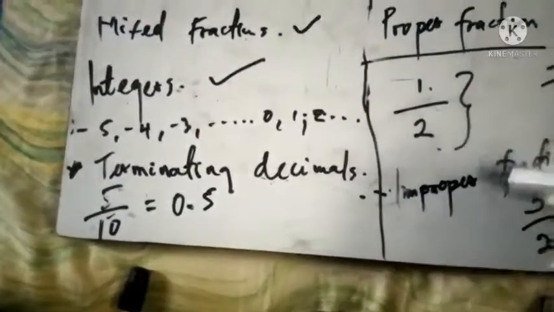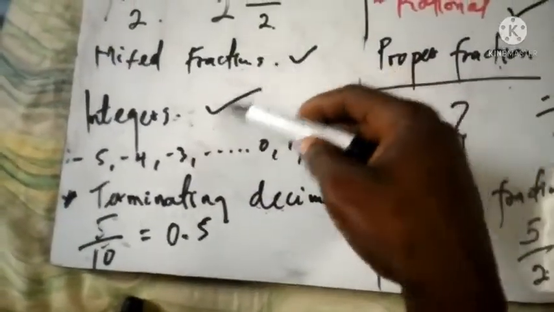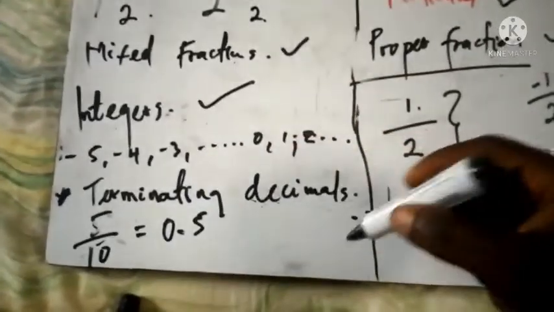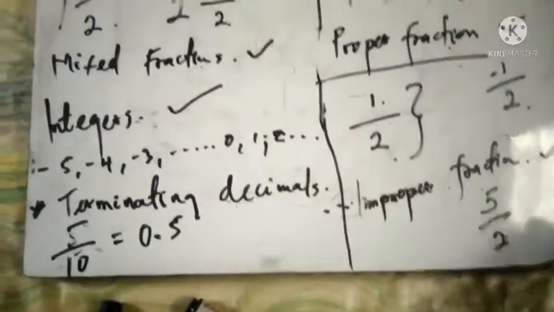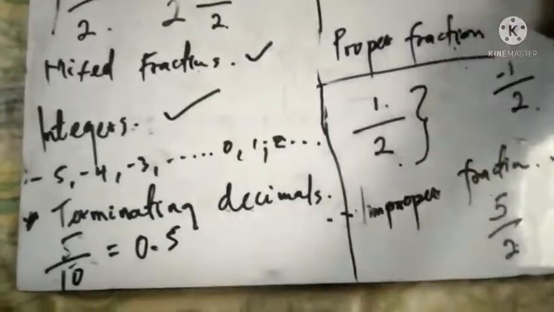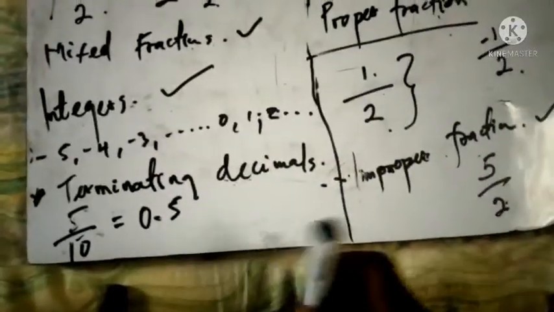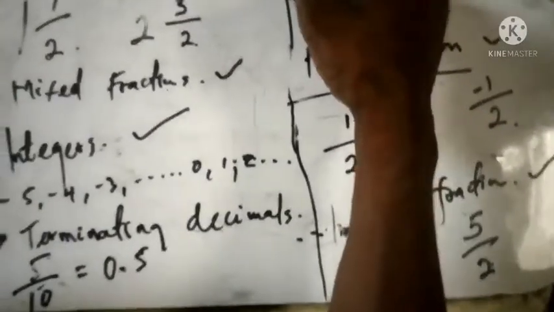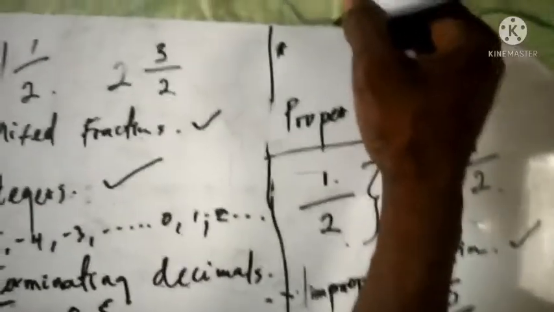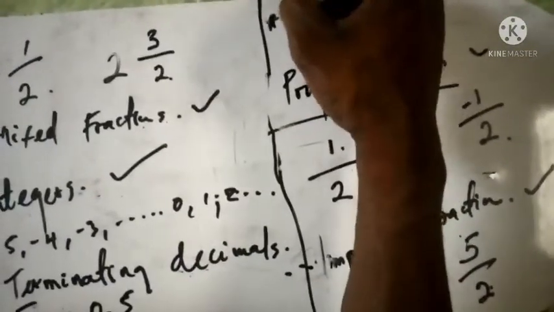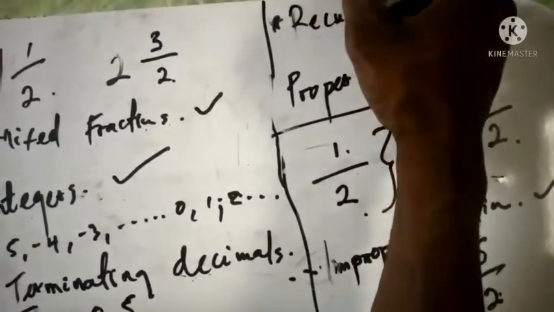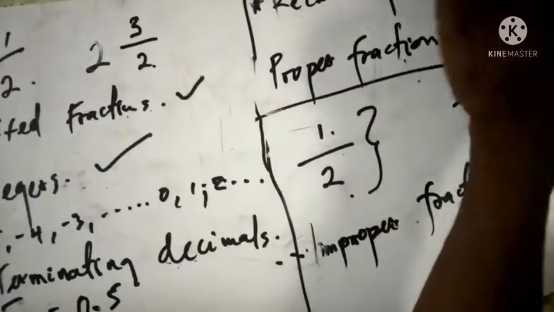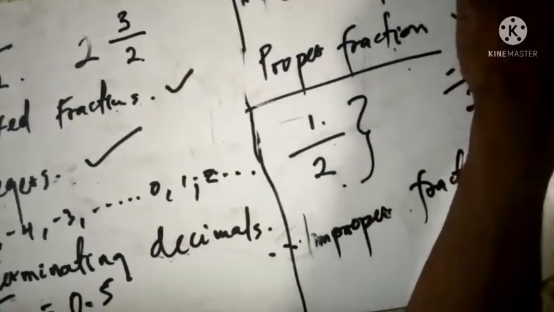So how many now? 1, 2, and then 3, 4, and then 5. The final one will be recurring decimals. Maybe let's say this will be the last one, right? Recurring decimals.